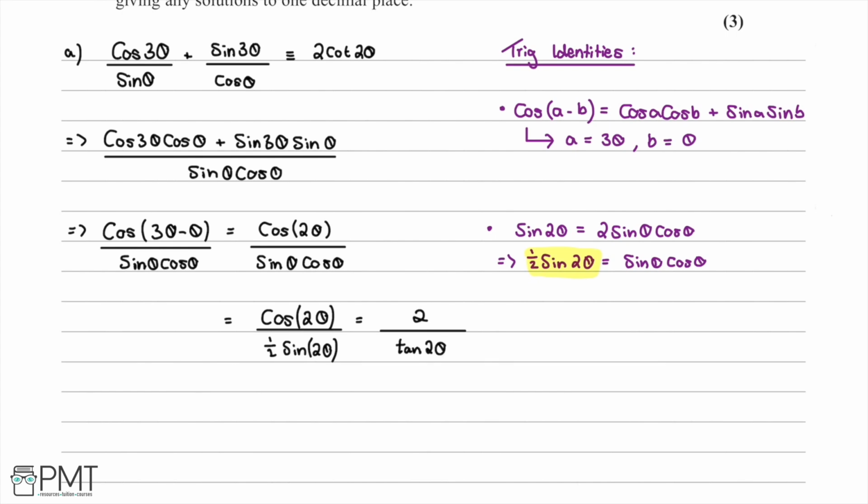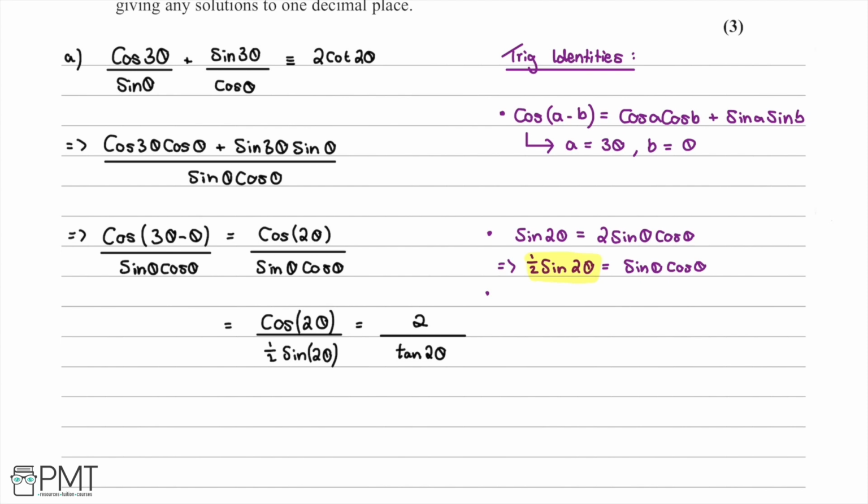We'll just note down here that cos theta over sine theta is equal to 1 over tan theta. Now we look back to what we're aiming for. We're aiming for 2 cot 2 theta, and we have 2 over tan 2 theta.